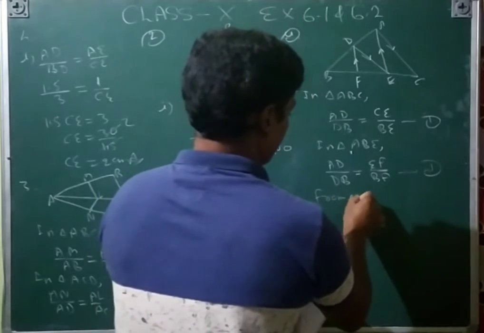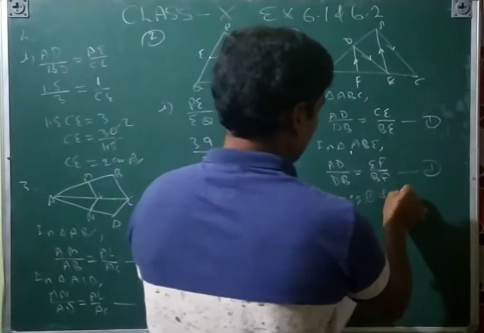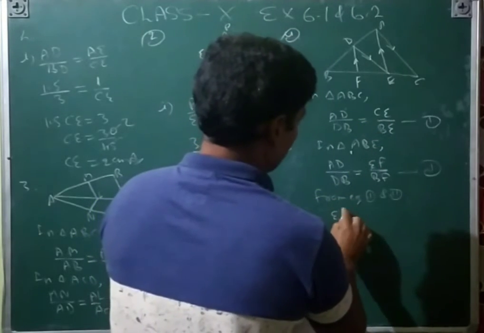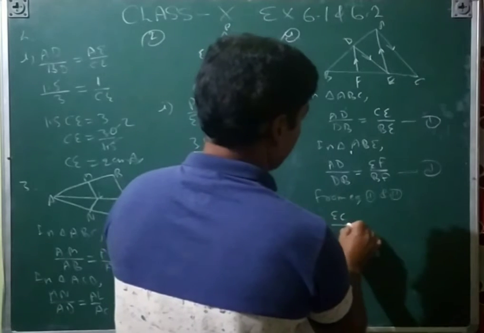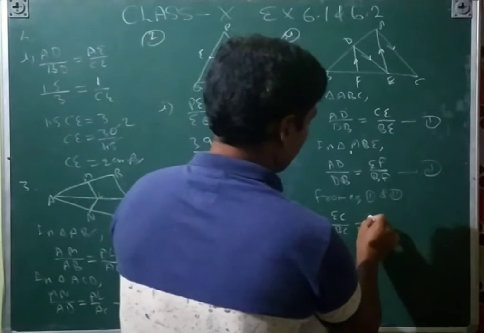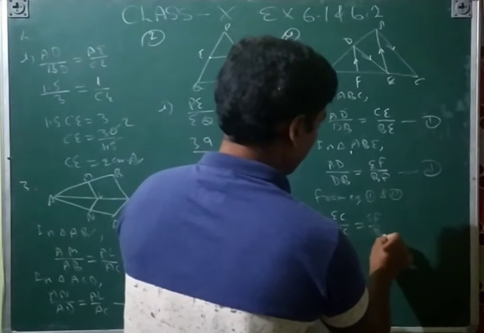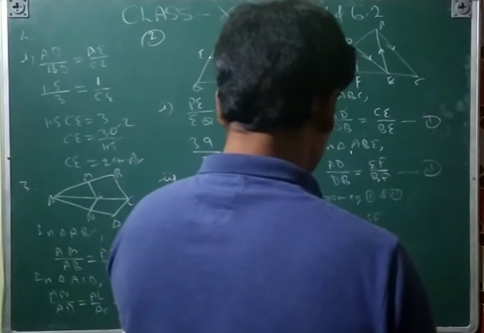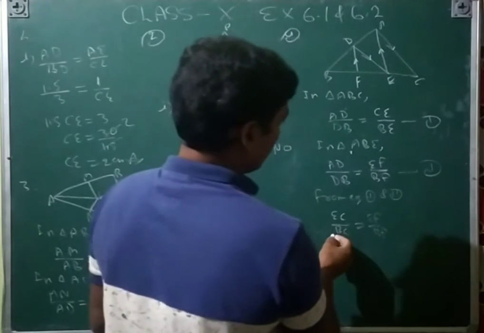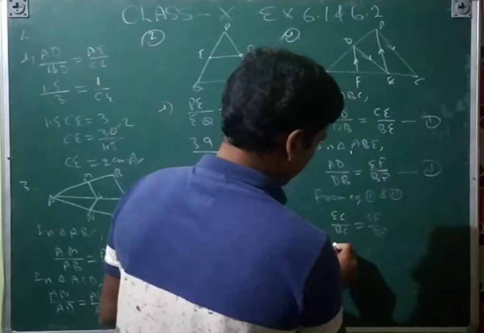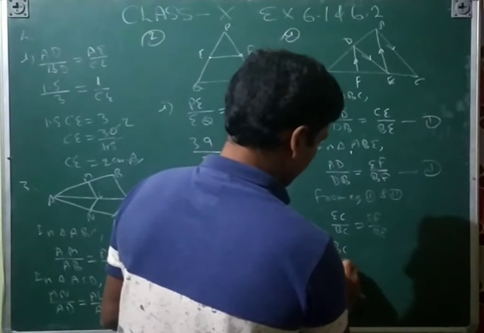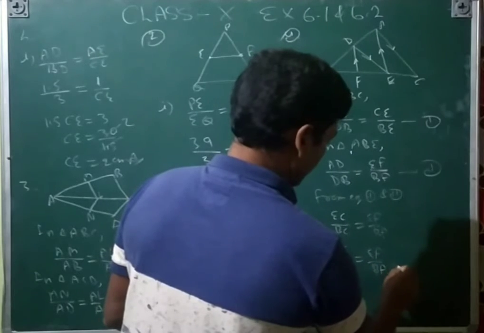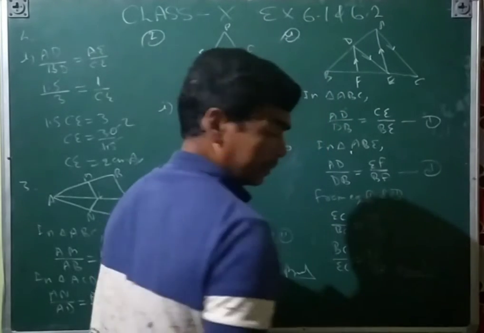From equations first and second, this is cancelled, so what is left is EC upon BE is equal to EF upon BF, or we can take the reciprocal, so BE upon EC is equal to BF upon EF. Proved.